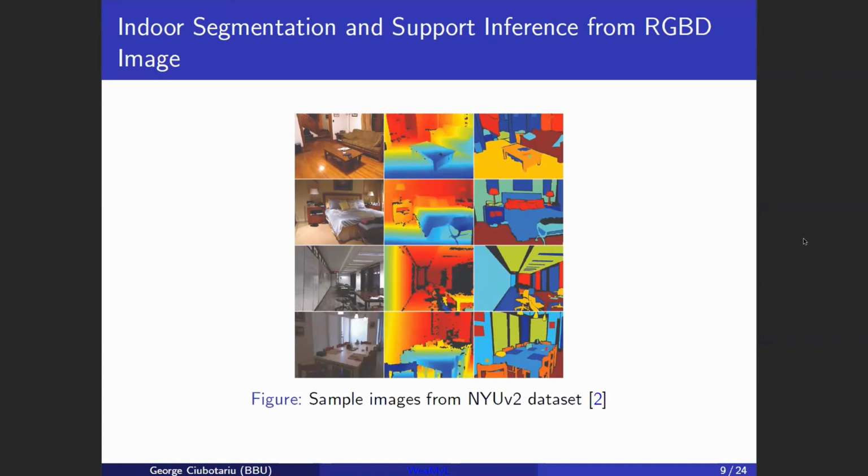And in the right column, we have the semantic masks, which are supposed to show us what kind of objects are in the frame, so that each point belonging to an object should be of the same class. As we can see, there are pillows, walls, tables, and many more objects.